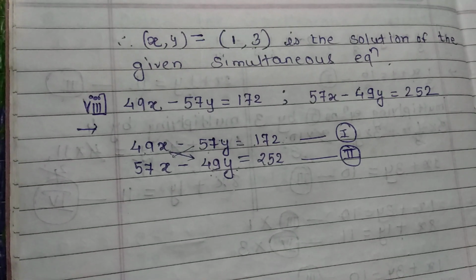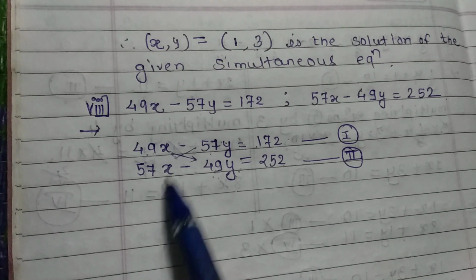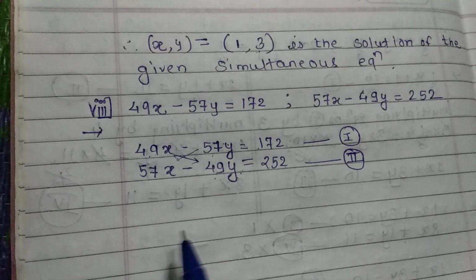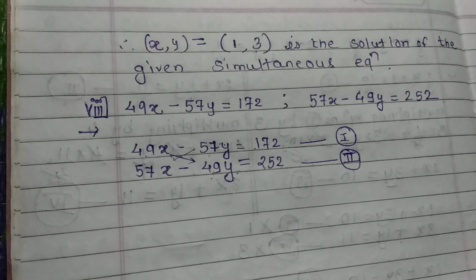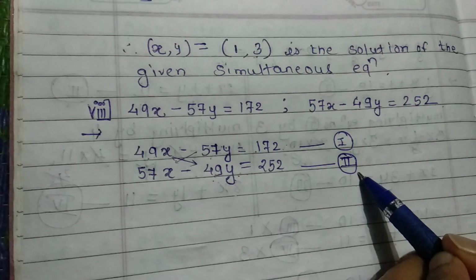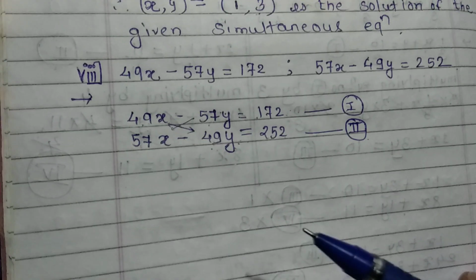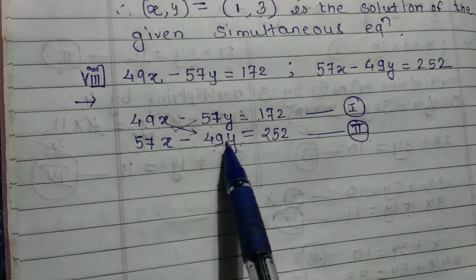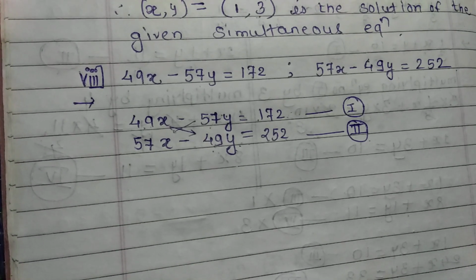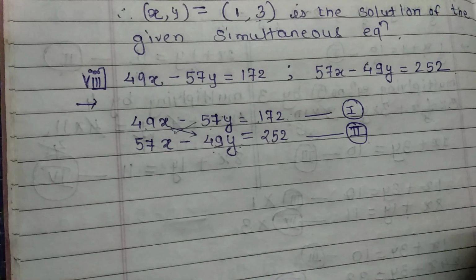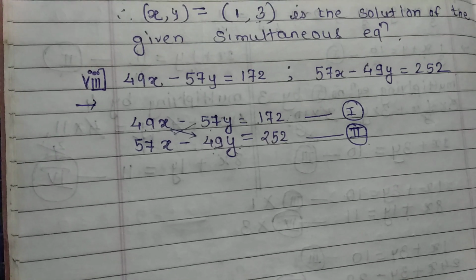For this method, first, whatever the two equations are given, you have to add them as they are. So we are going to add equations 1 and 2. But keep in mind, use this method only when the cross coefficients are the same, otherwise don't use it. Otherwise we follow the regular method.